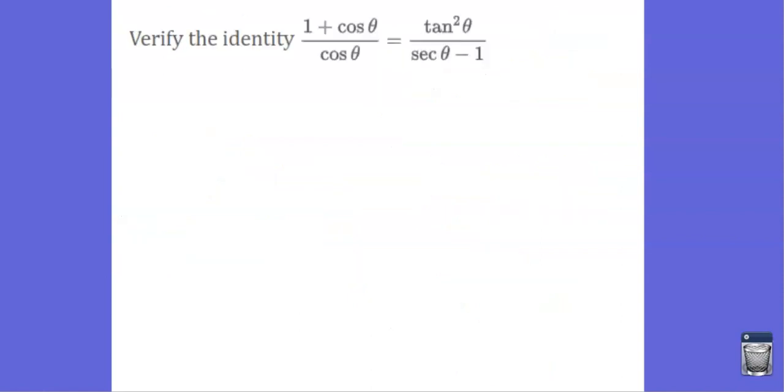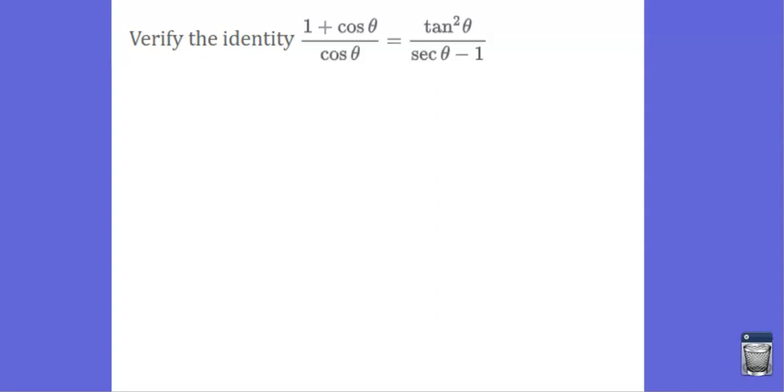Now, just as the last example, sometimes we take the left side and make it equal to the right side, or the right side and prove the left side. It's also good practice to take the left side and simplify it a little bit, and then take the right side and simplify it a little bit until they actually equal one another.